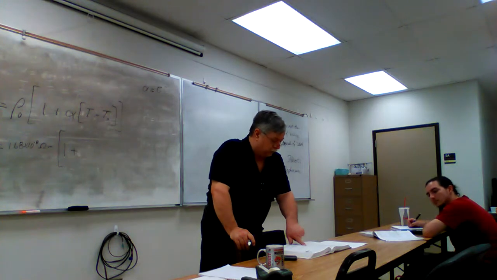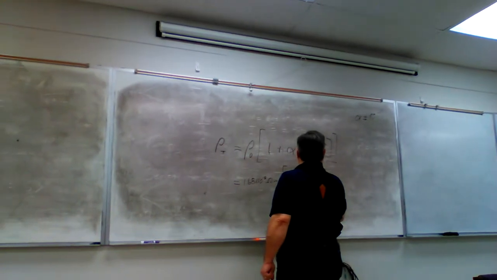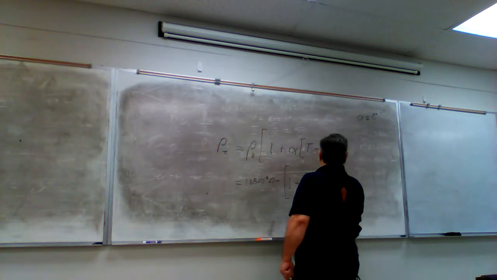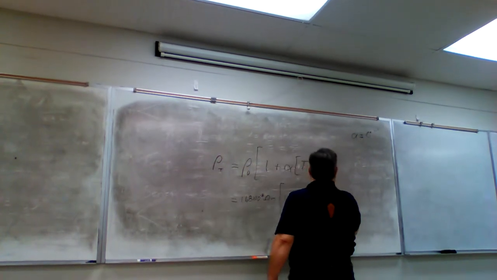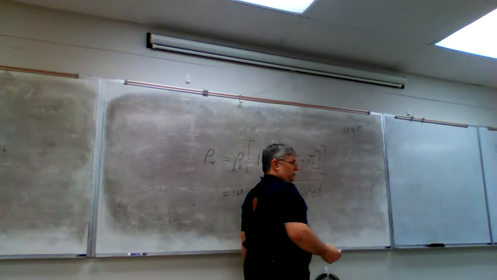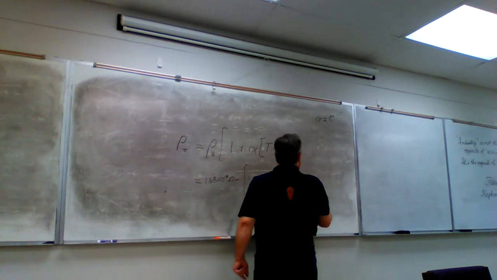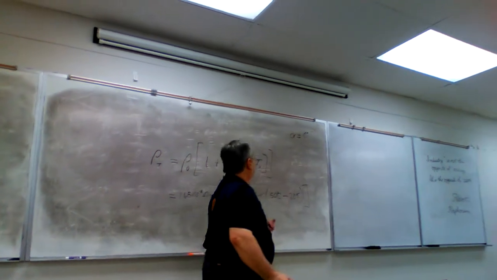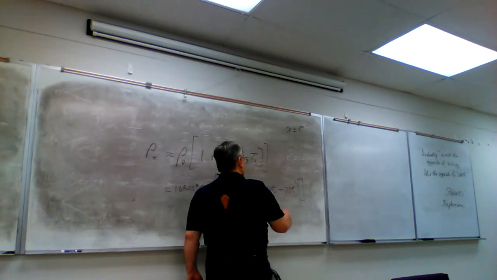Okay, 6.8 times 10 to the minus 3 per degree C, times, we're going to be operating at, what did we say, 50 degrees C, minus 20 degrees C. Okay, what's 50 minus 20? 30 degrees C. So we're going to be moving 30 degrees.